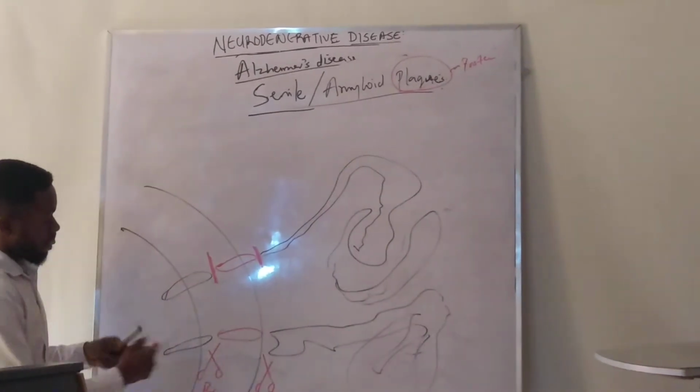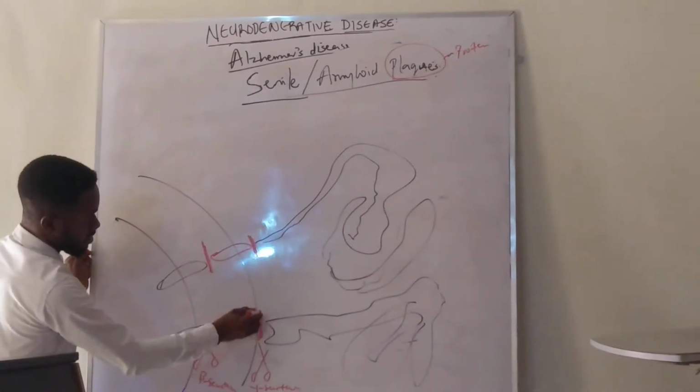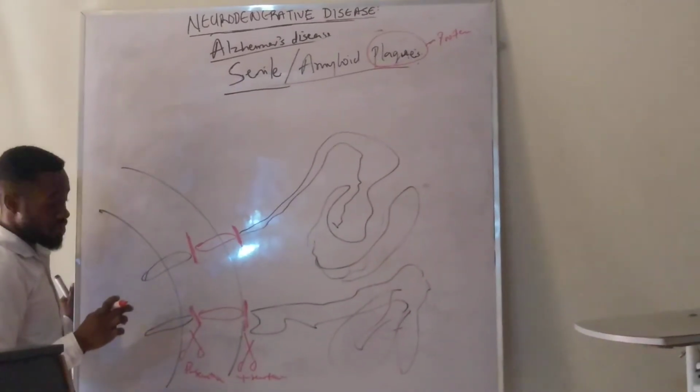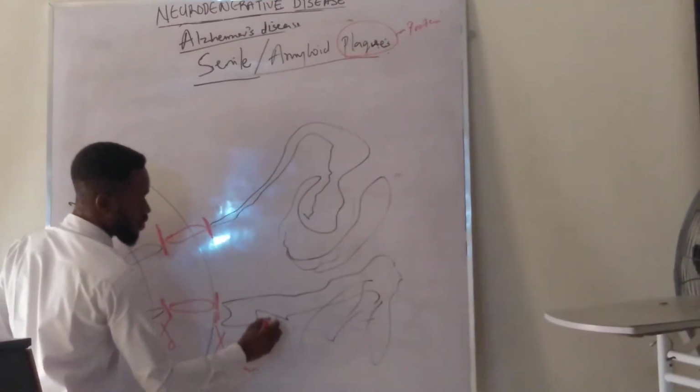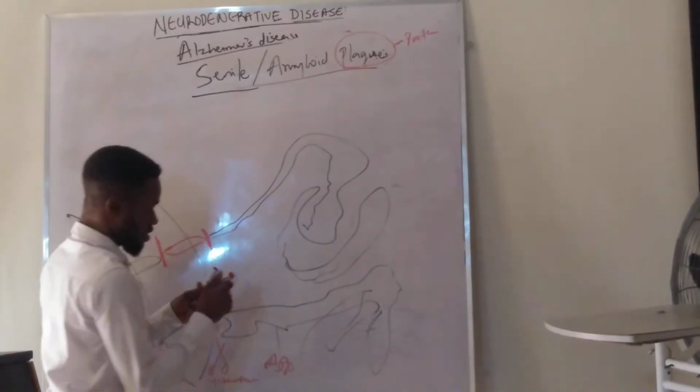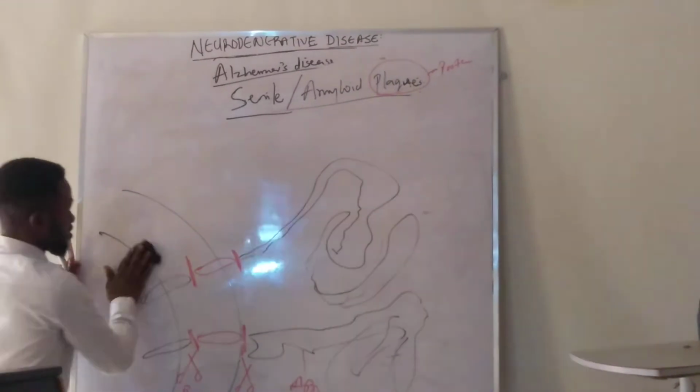So as you can see, this enzyme cleaves off beta amyloid from the larger molecule, amyloid precursor protein, in the neurons.